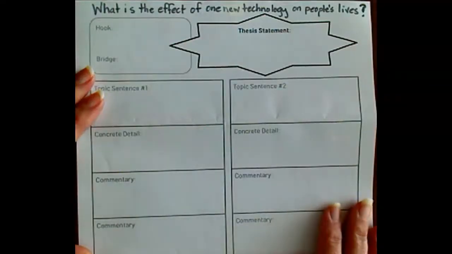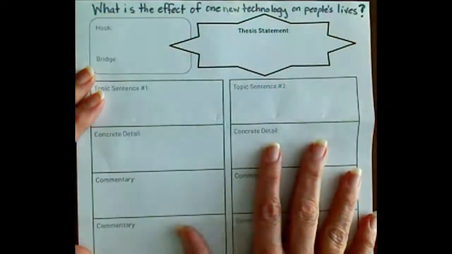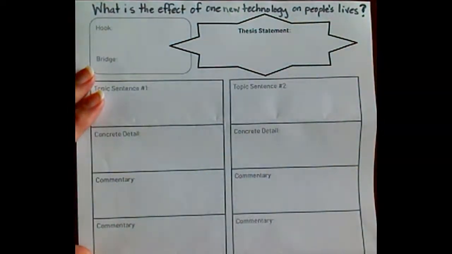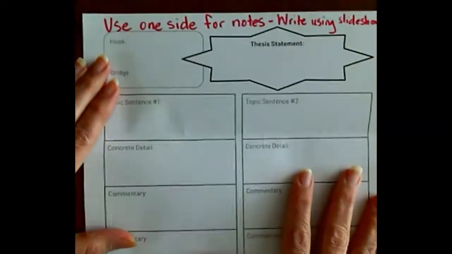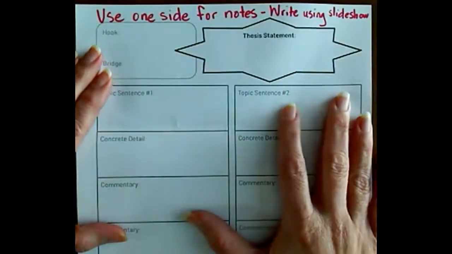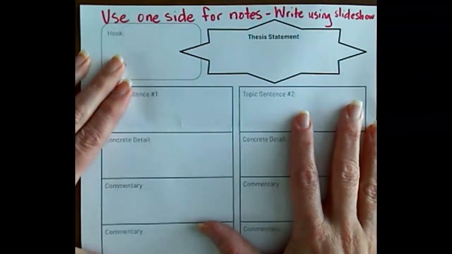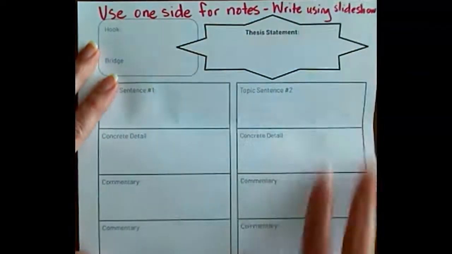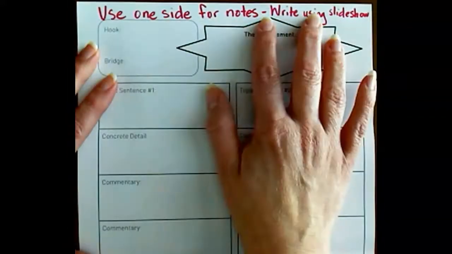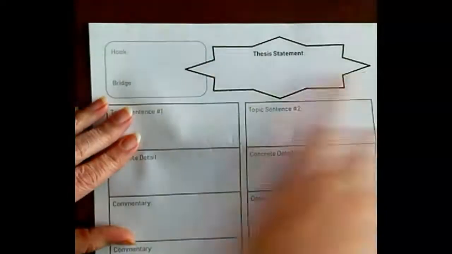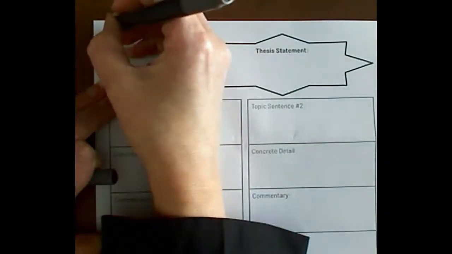So I need you to get out the graphic organizers that you received in the mail, and you're going to use one just for notes, okay? So this is the one actually that we're going to use right now. We're going to use one side for notes, and then the flip side will be the one that we use for what is the effect of one new technology.